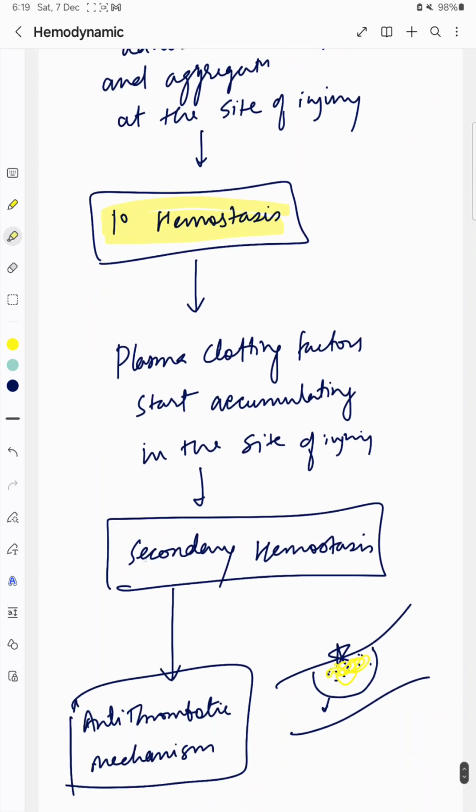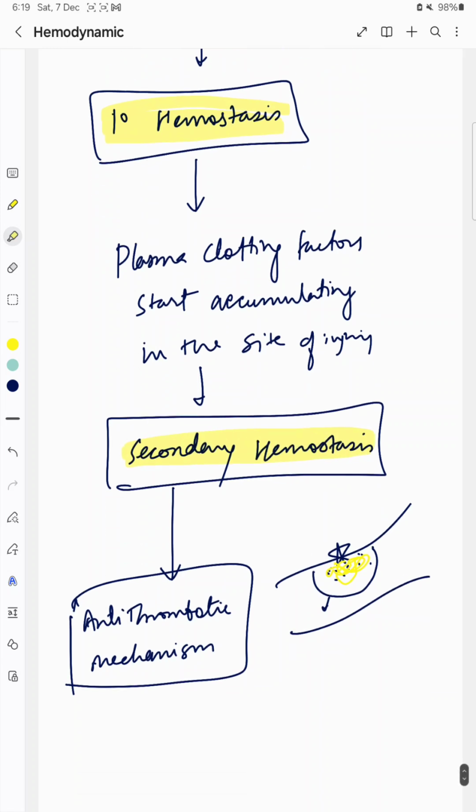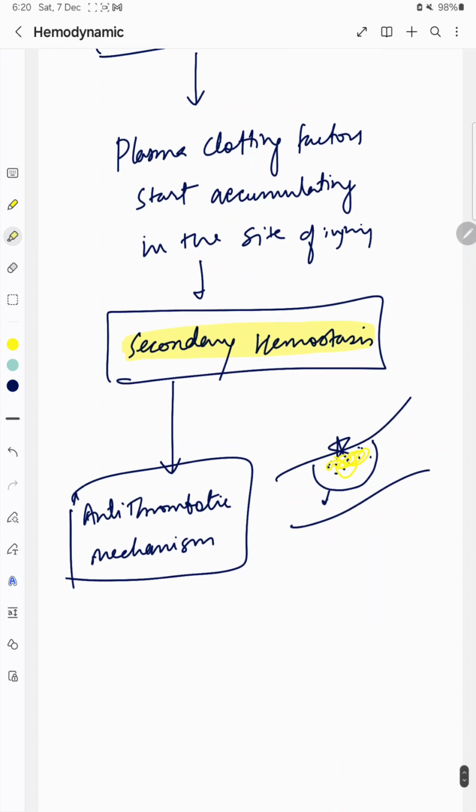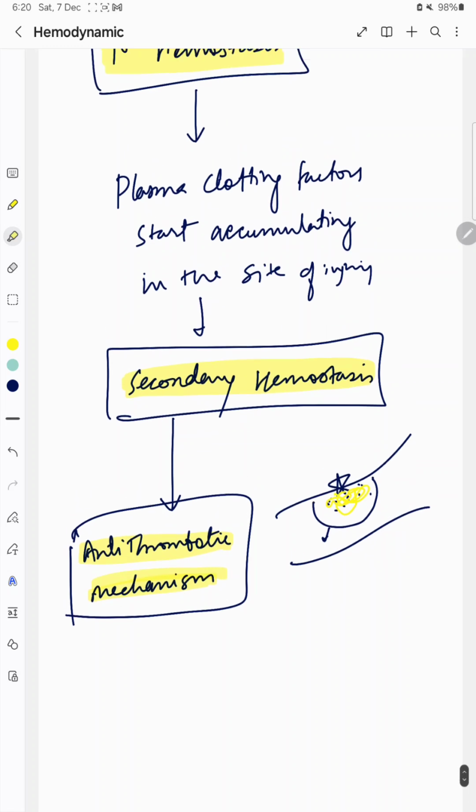After the accumulation of platelets, clotting factors accumulate within the primary clot and form a permanent clot, which results in secondary hemostasis. And to prevent the propagation of thrombus, different antithrombotic mechanisms are activated. So these are the events in hemostasis.